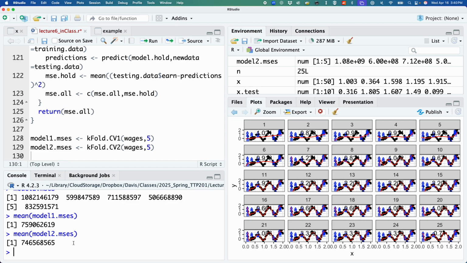Great, so this has an average error of 759 million, whatever that means. This model has an error of 747 million.